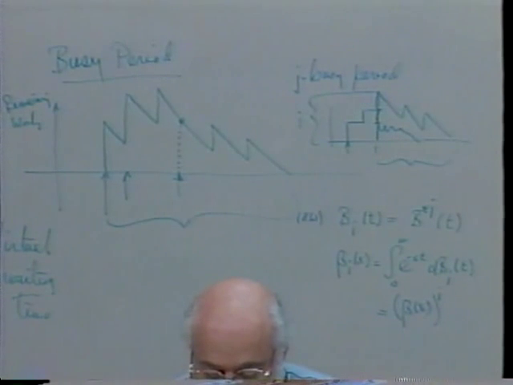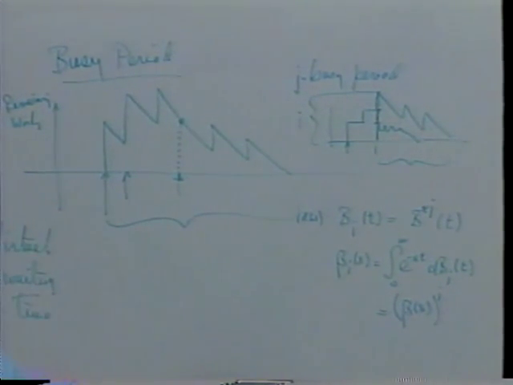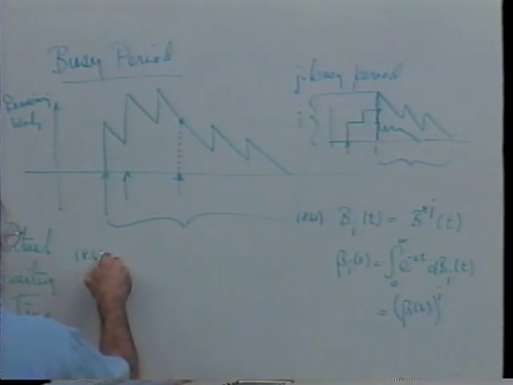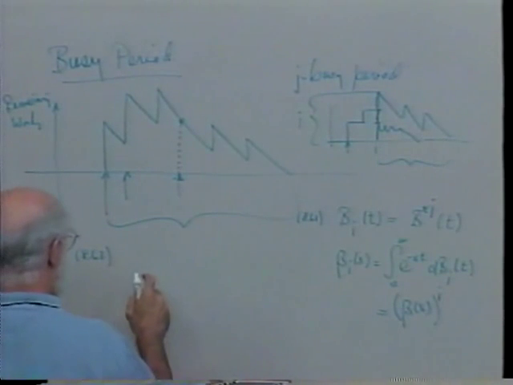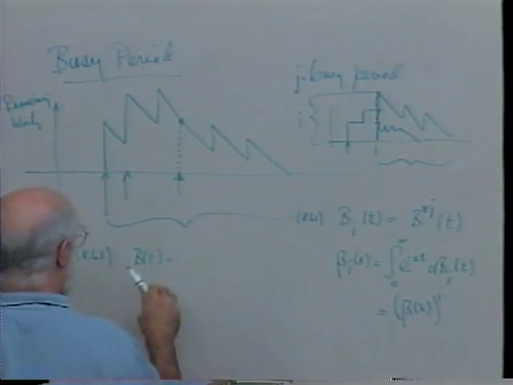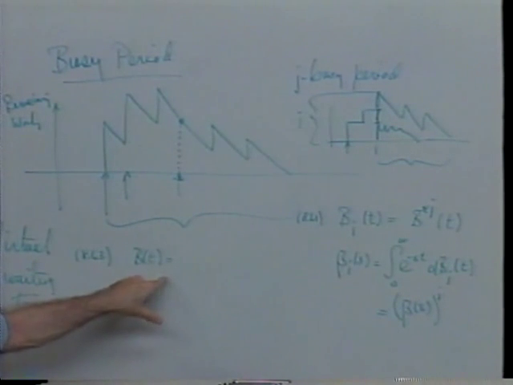Okay, so what I'm going to do is write equation 863, which is an equation of the distribution function of the busy period. B of t, by definition, is the probability that the busy period lasts less than t.